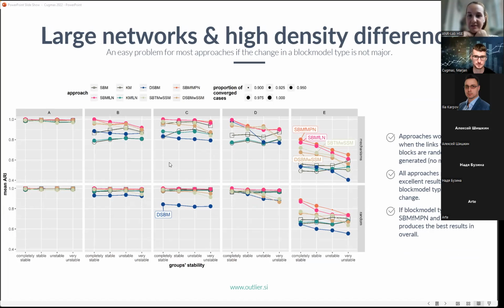Okay. Yeah. I just mean that exactly when we are analyzing our networks, we are dealing with social mechanisms, but not randomness. So that's why. But you cannot do anything about that. I think that when people try to compare these block modeling approaches, they usually generate random networks, or links within blocks just randomly.